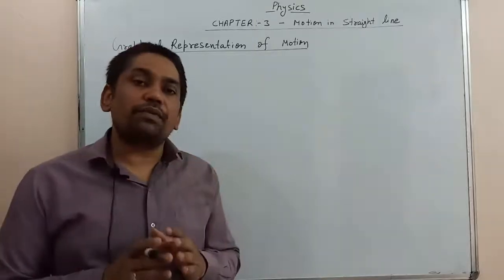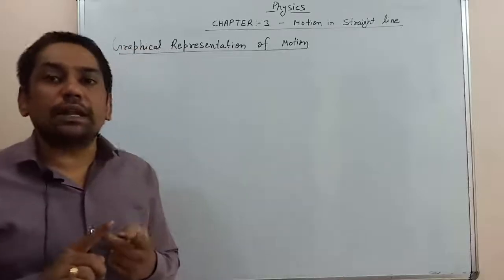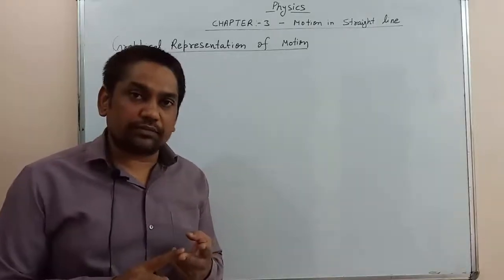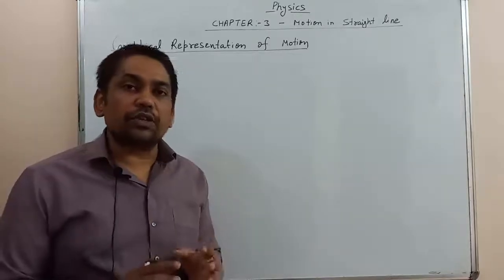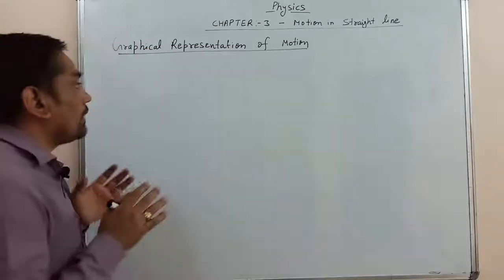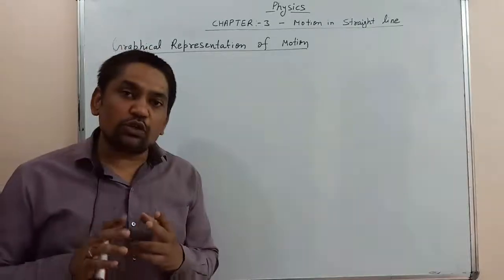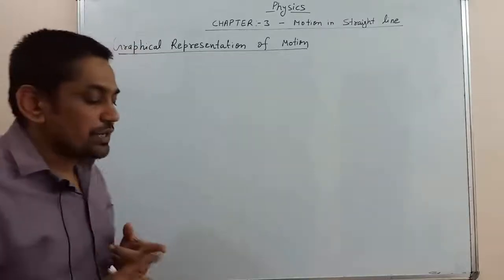What is the meaning of graphical representation? When two quantities are dependent on each other and we want to show their relation in the form of a picture or graph, that is the pictorial representation of two quantities which are related to each other.